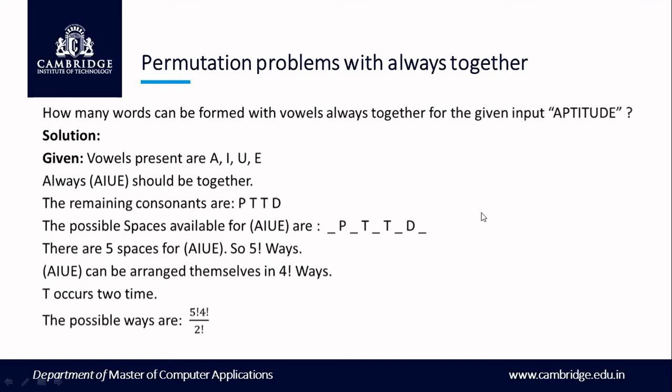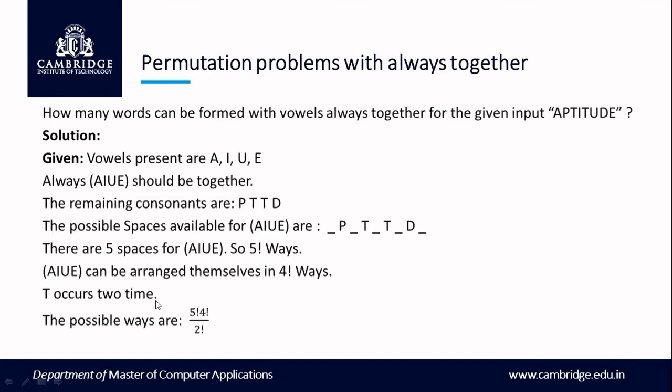But one thing we should take into consideration here: the T is appearing 2 times. When some alphabet is appearing more than one time, then in the denominator you have to fill that factorial. So it is 2 factorial, because T occurs 2 times.